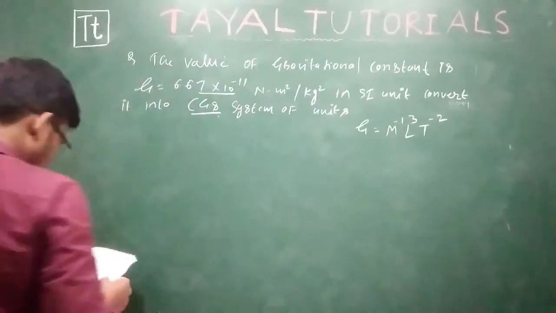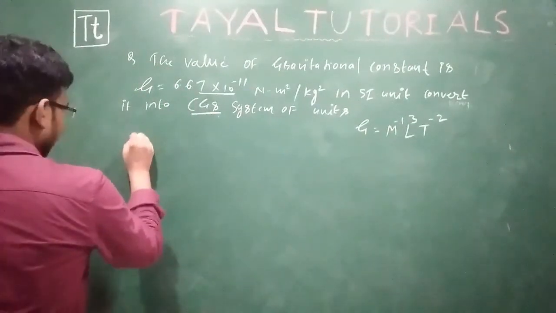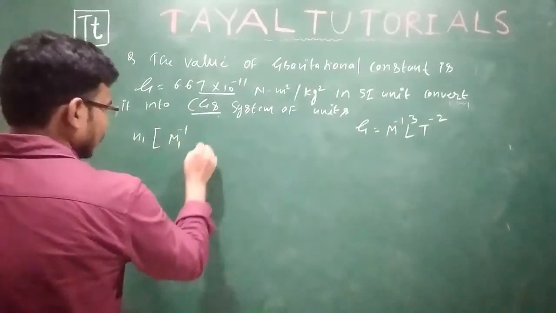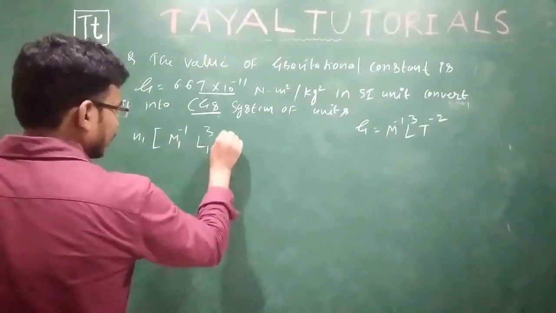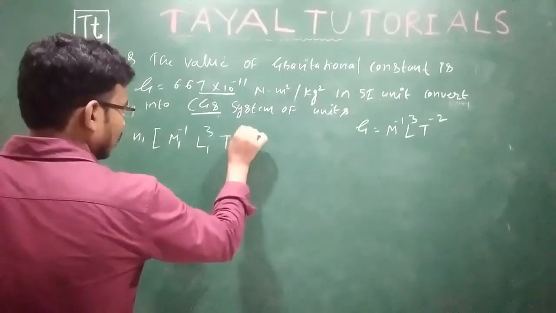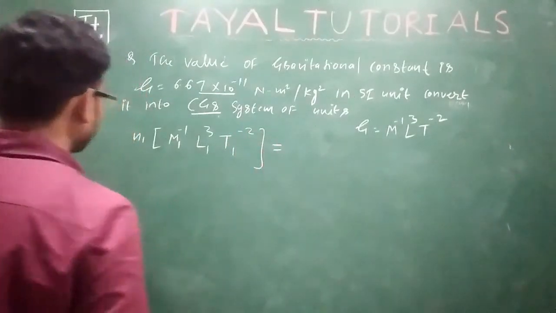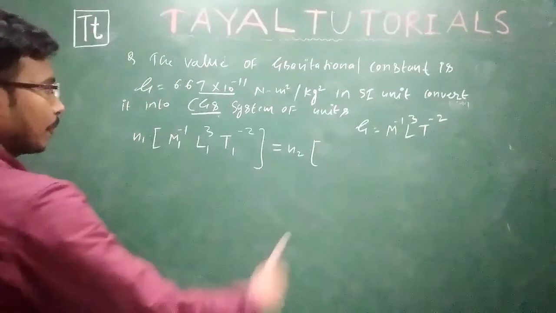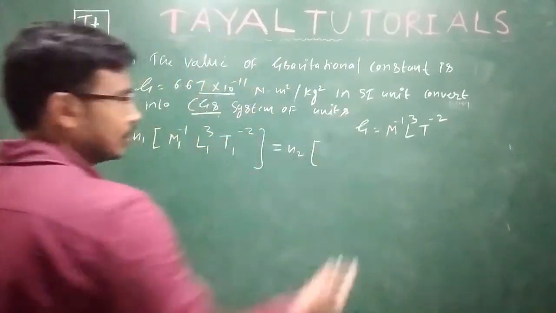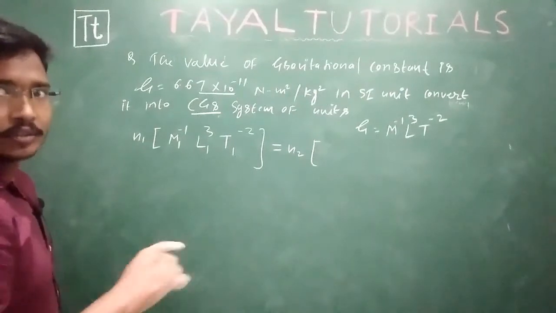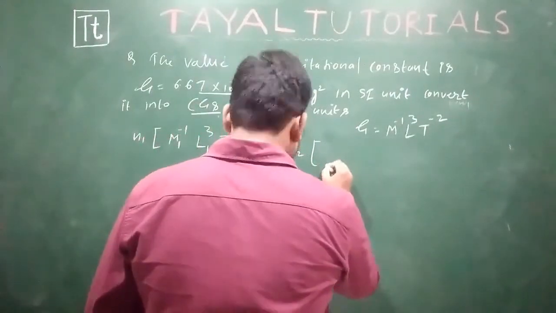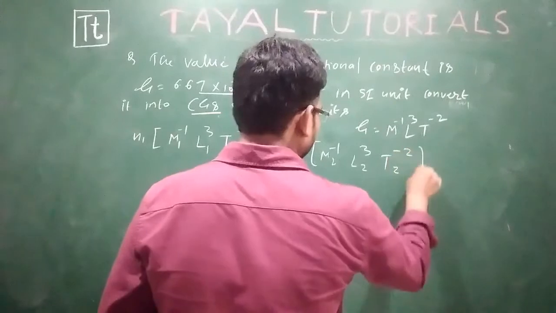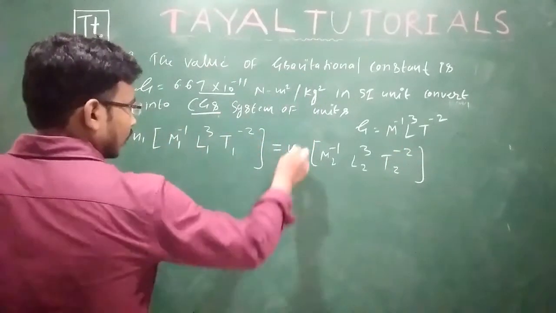So I am applying that: n1, m1 to the power minus 1, l1 to the power 3 and t1 to the power minus 2 is equal to n2 times m2 to the power minus 1, l2 to the power 3, t2 to the power minus 2. Here n2 is the numerical value in the other unit, and n1 is the numerical value in one unit system. I want to get the value of n2.